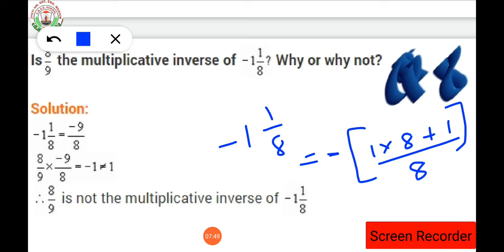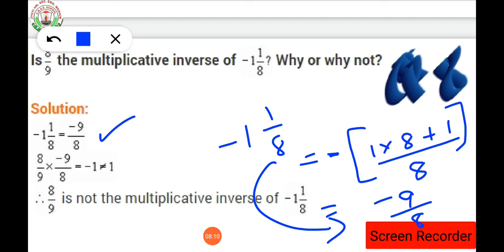Okay, now 1 into 8 will be 8. 8 plus 1 is 9. And outside the bracket minus is there. That minus comes with the numerator 9. So what is the mixed fraction? The mixed fraction we are having is minus 1 by 8. So what is the improper fraction of that mixed fraction? That is minus 9 upon 8.